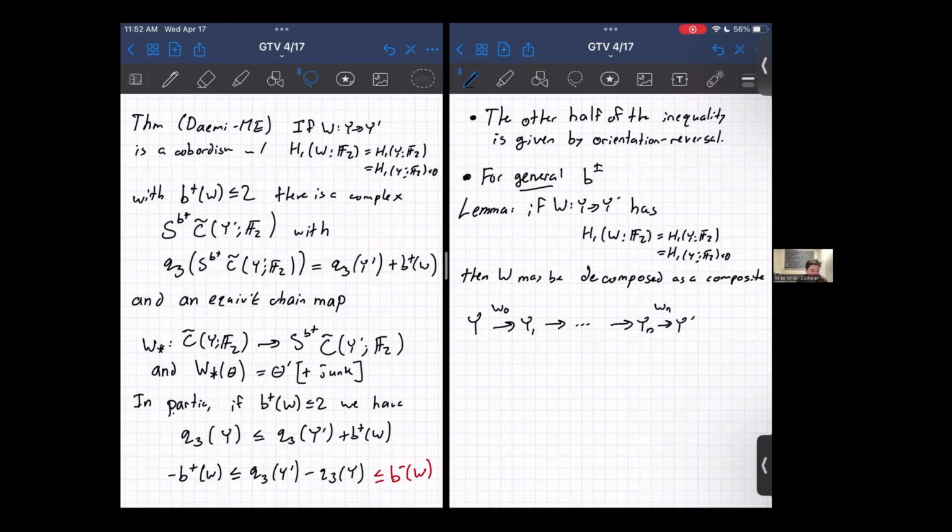The intermediate things are F2 homology spheres. Each cobordism has H1 with F2 coefficients equal to 0.